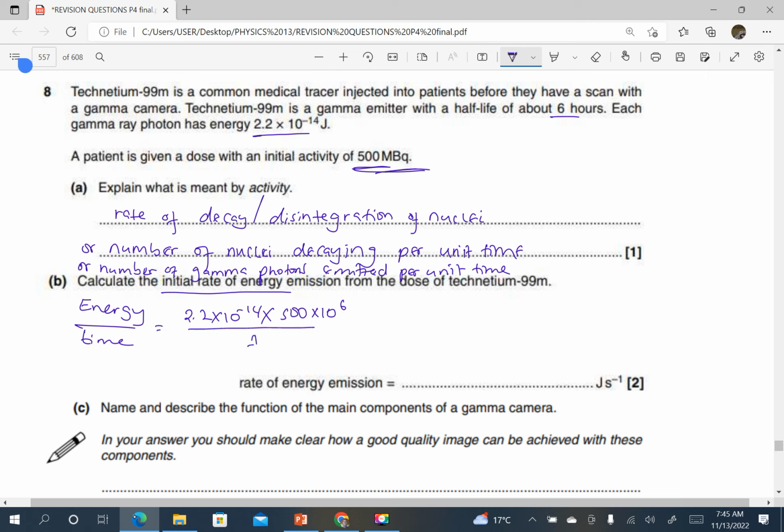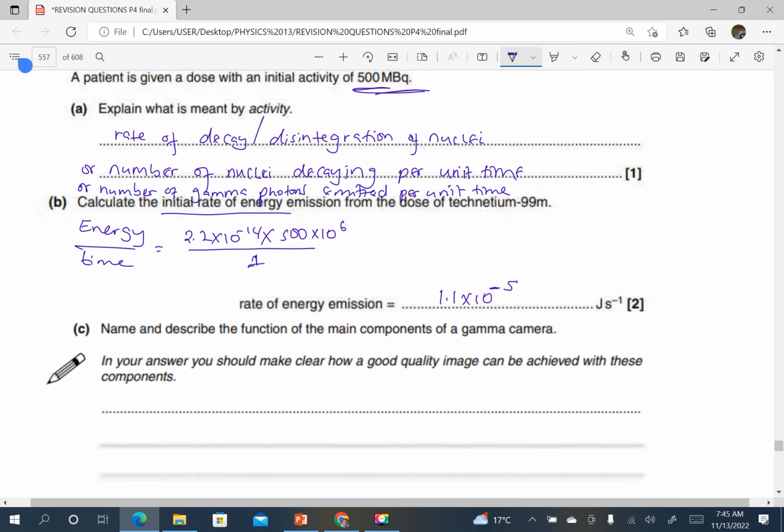So this gives me 1.1 times 10 power negative 15 as the rate of emission, that is in joules per second, the rate of emission of energy.